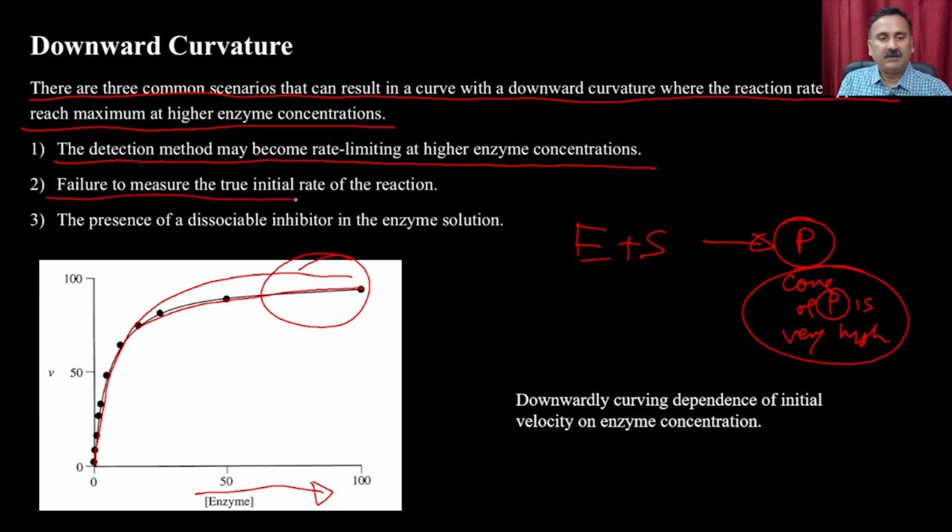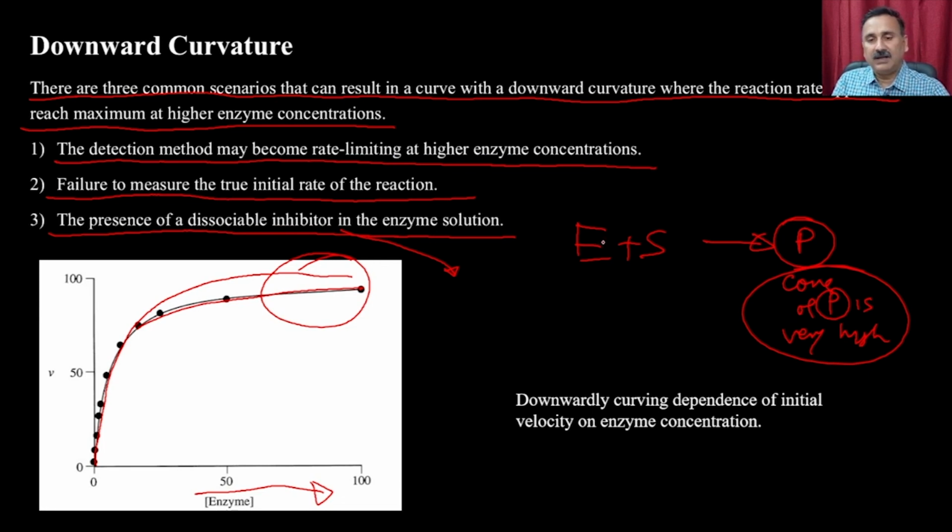Then there is failure to measure the true initial rate of the reaction because of the response time of the instruments, so you will not be able to do the real initial measurements of the reaction. And there is the presence of a dissociable inhibitor in the enzyme solution. Sometimes you may have inhibitors that may get dissociated, and that's how it also shows the downward curvature.